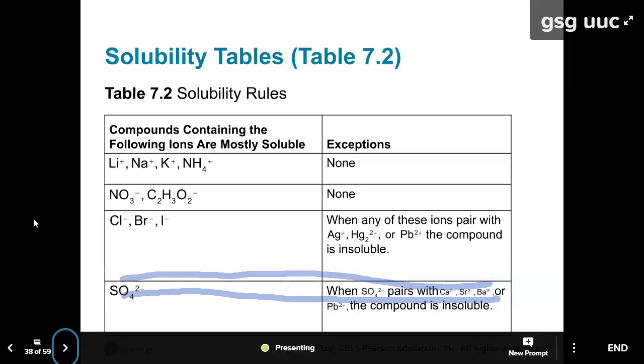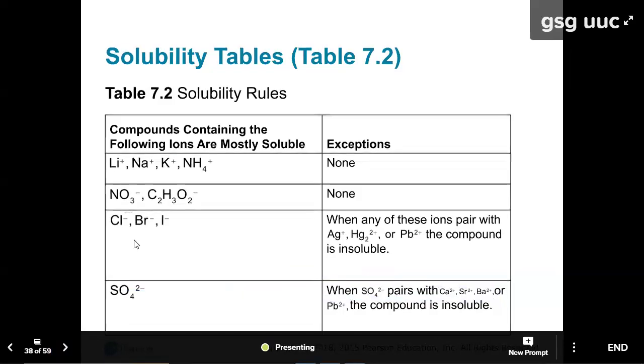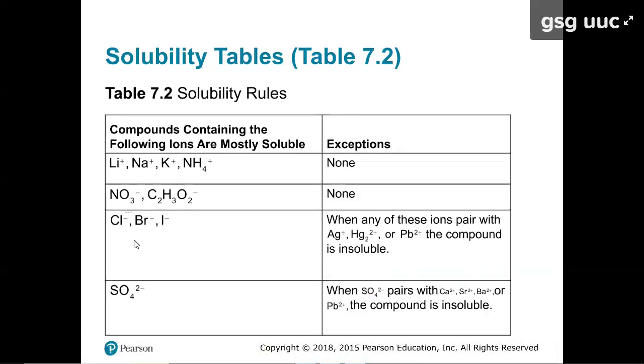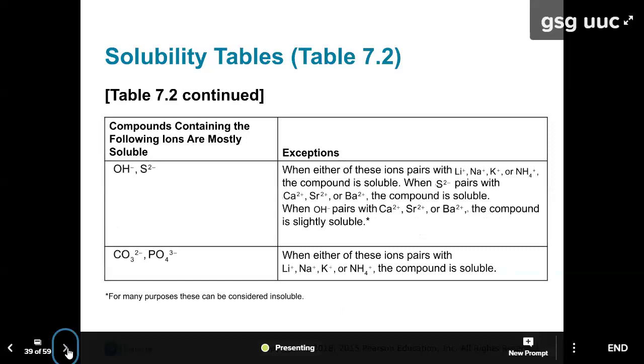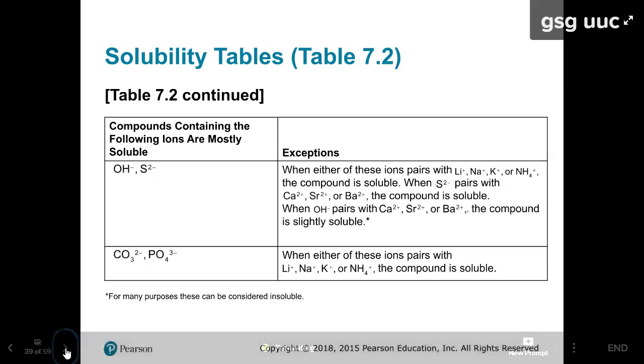Now, your book summarizes these solubilities in terms of charts, puts them in table form in table 7.2. And so that is a good reference to have. In addition to that, I'll put it in the lecture prep folder for chapter 7.